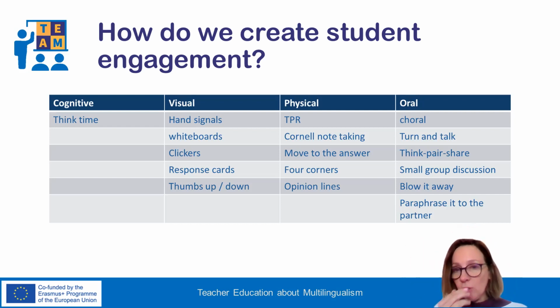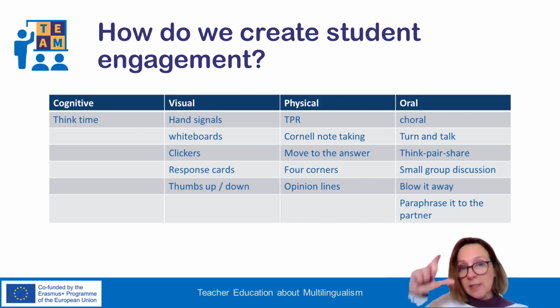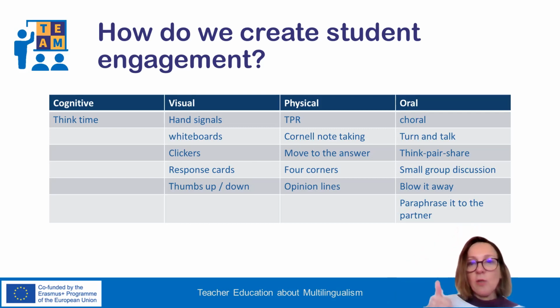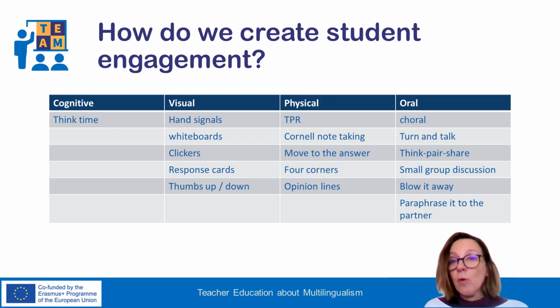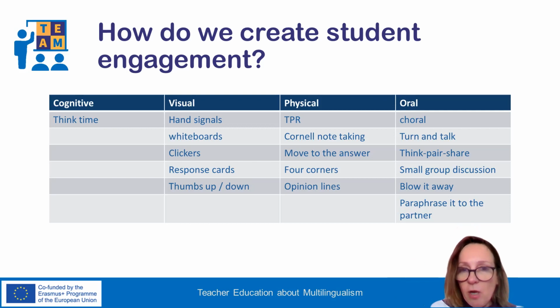Signal with your hands what your answer is, or raise your whiteboard with your answer written on it, or use your clickers and response cards, or use your thumbs up and down to tell me if you agree with what I've said or not. This engages students visually. Physical engagement engages students physically by using TPR, by asking them to move to the answer.